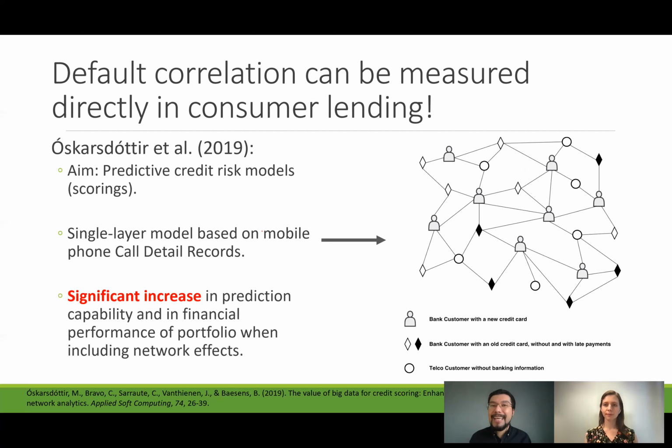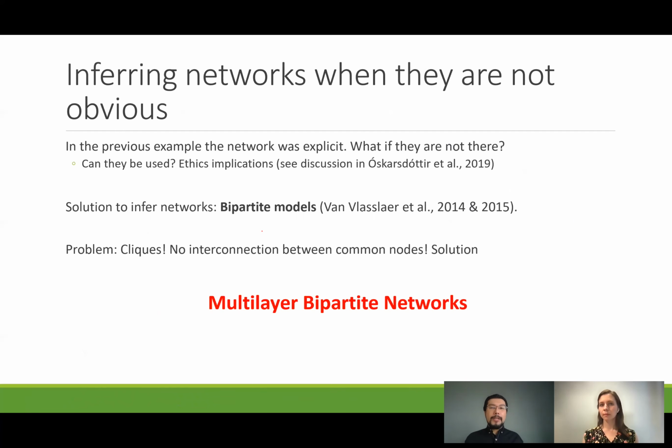There was a significant increase in prediction capability, and we were able to determine a score that said what your exposure to this network was. So back in 2019, we showed that under certain circumstances, we could already measure this default risk directly. But we ran into a few problems moving this forward.